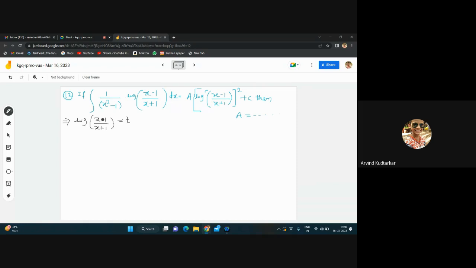And we find the differential on both sides. What is the derivative of log? It is 1 upon x minus 1, and the derivative of x minus 1 with respect to x is dx, minus the derivative of log, which is 1 upon x plus 1, and the derivative of x plus 1 is dx. That is equal to dt. Correct. So on the LHS the common term between them is dx.